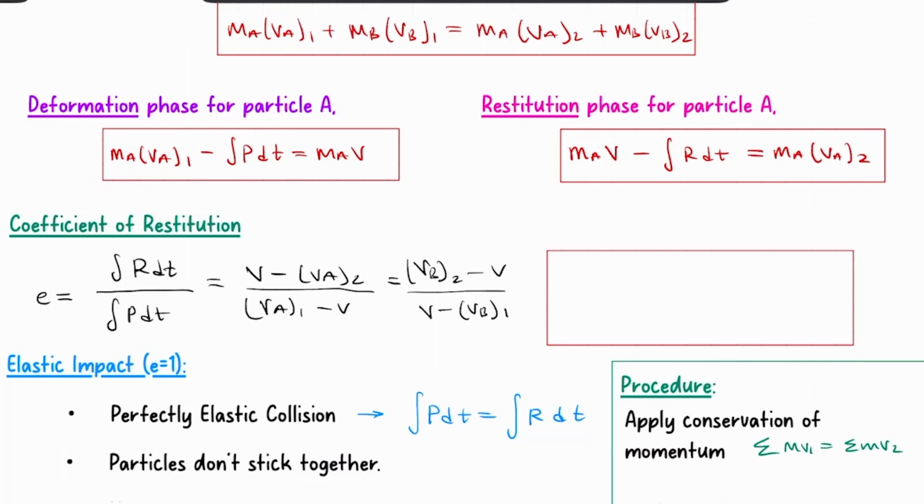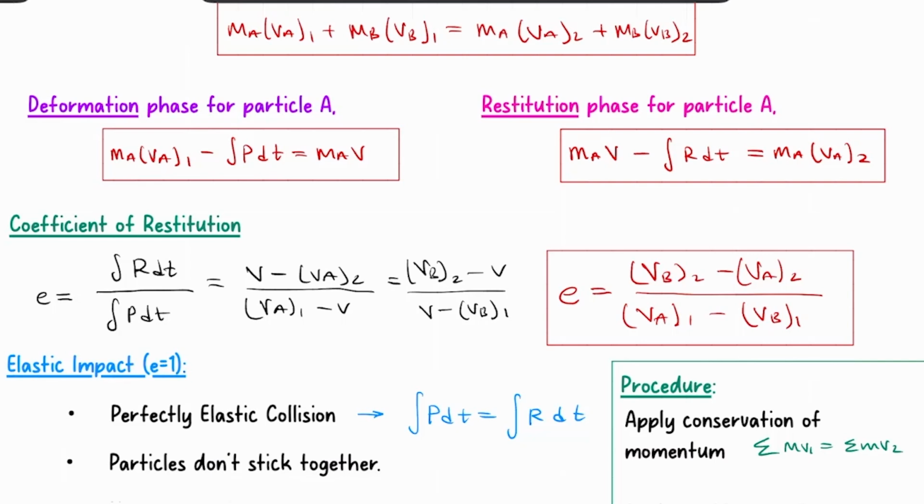Or finally, combining some of this information, the coefficient of restitution is equal to, for these two objects A and B, the velocity of B at 2 minus the velocity of A at 2 divided by the velocity of A at 1 minus the velocity of object B at 1. So the coefficient of restitution basically tells us what kind of impact we have.